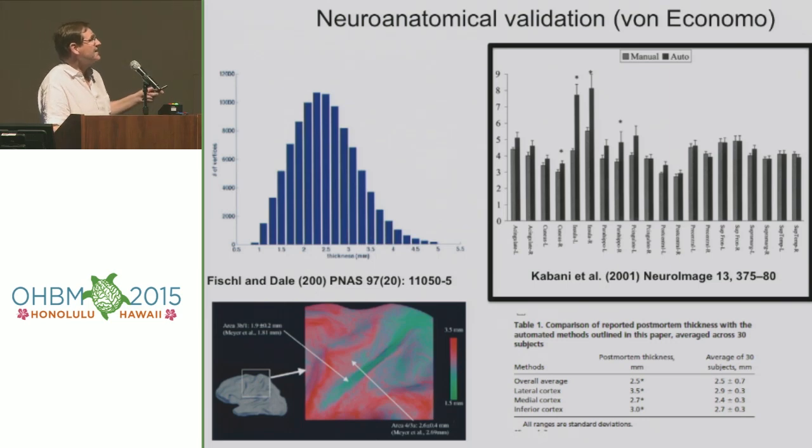However, having said that, there have been some validation studies that have looked at the correspondence between the MRI-based approaches and direct anatomy. Fischl and Dale in 2000 showed a distribution of cortical thickness which was on the order of 1.5 to 4 millimeters, which is consistent with what we know anatomically.